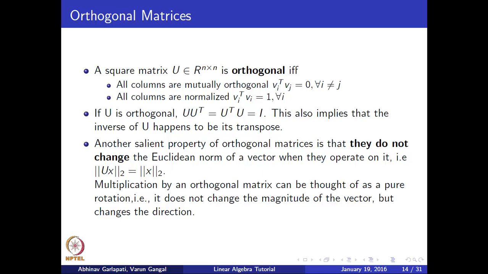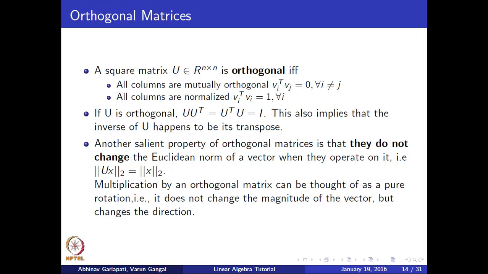In other words, Vi transpose Vj equals 0 for all i not equal to j. The second condition is that the dot product of any column with itself, or Vi transpose Vi, equals 1. In other words, all the column vectors should be normalized.